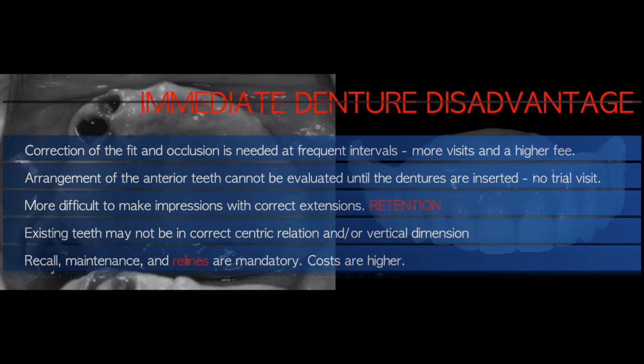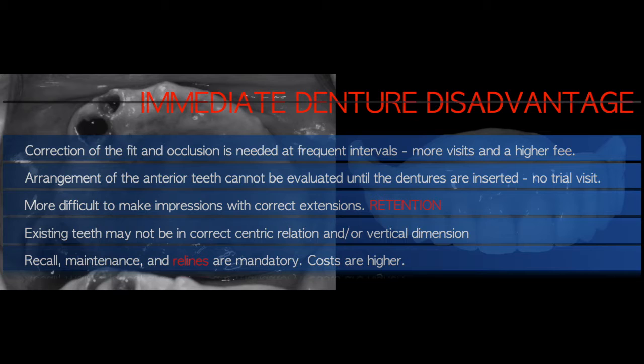But there are also disadvantages to making an immediate prosthesis. Correction of the fit and occlusion is needed at frequent intervals. That means once you deliver an immediate prosthesis, it requires more visits for adjustment, and therefore a higher fee in total. Also, the arrangement of anterior teeth cannot be evaluated until the denture is inserted.